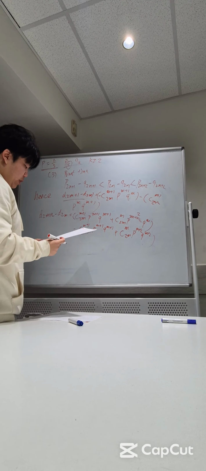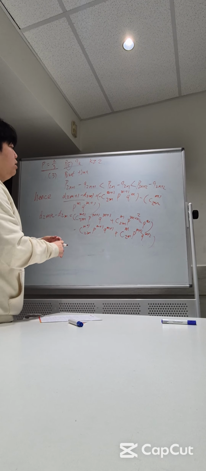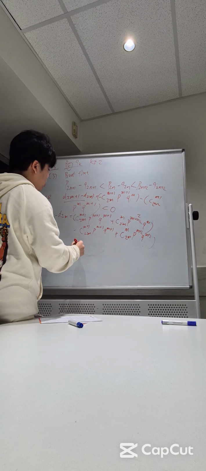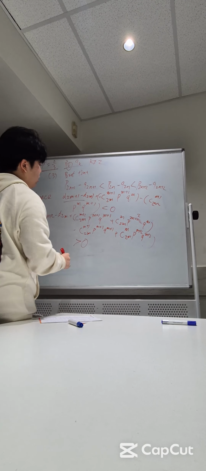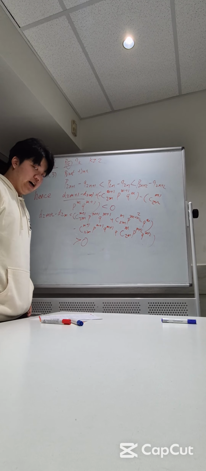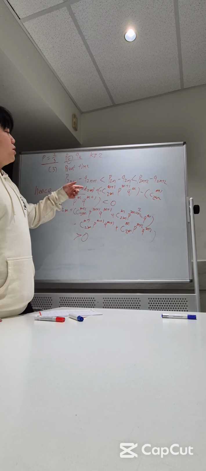And we can prove that this is less than 0 and this is greater than 0. And that is our solution for the 2025 GaoKao. Very elegant.